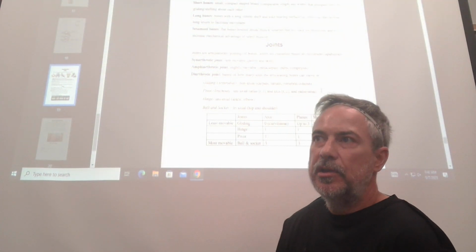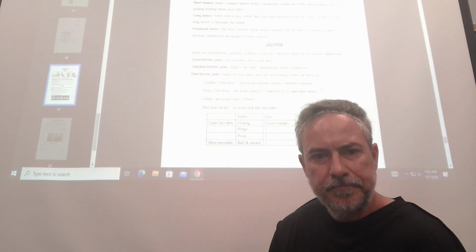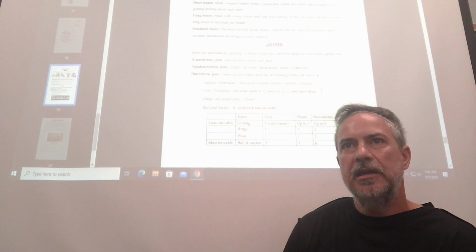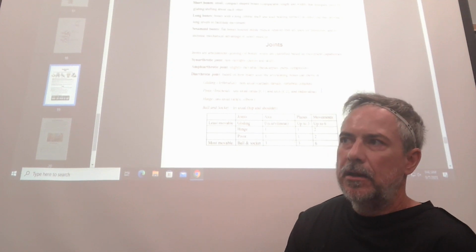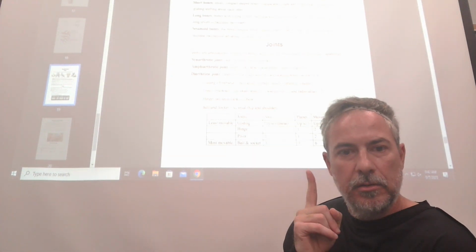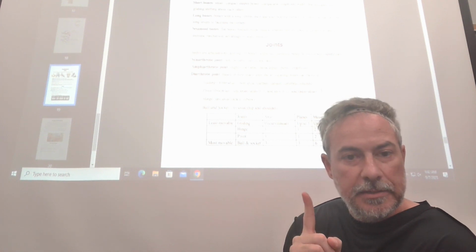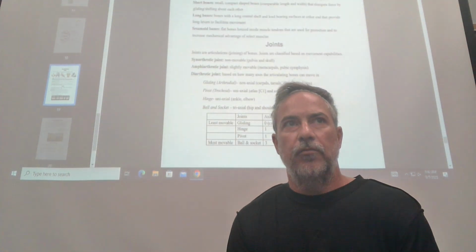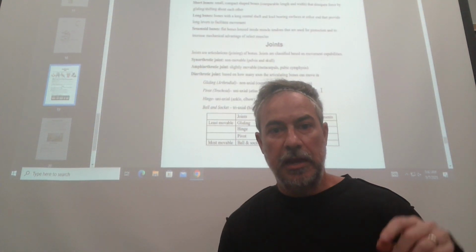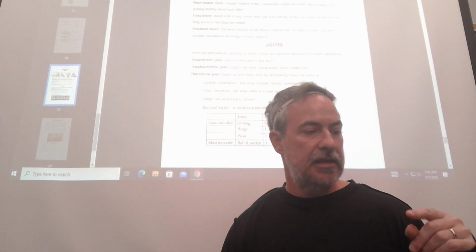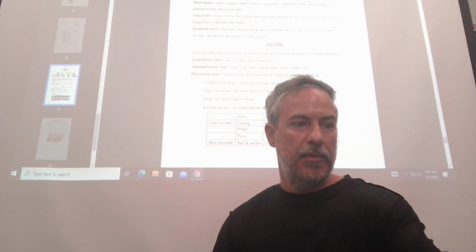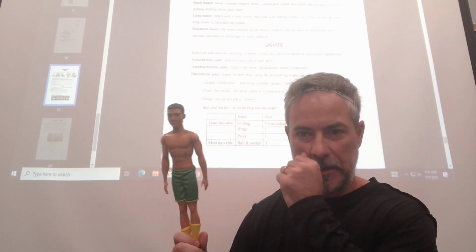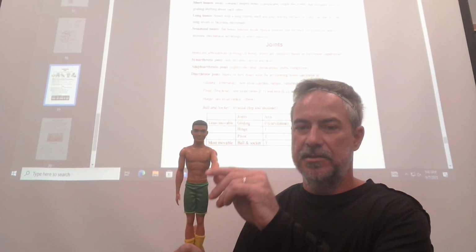Uniaxial. When you hear things that are non-axial, it means they don't rotate. Well, two ways to look at it. They don't rotate about one true fixed point. Or another way to look at it is, for something to have rotation, every point of the segment has to move. So what I mean by that is I have my Ken doll. I needed something to represent some motions.